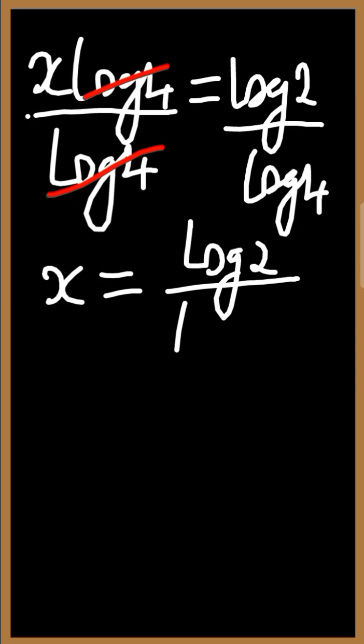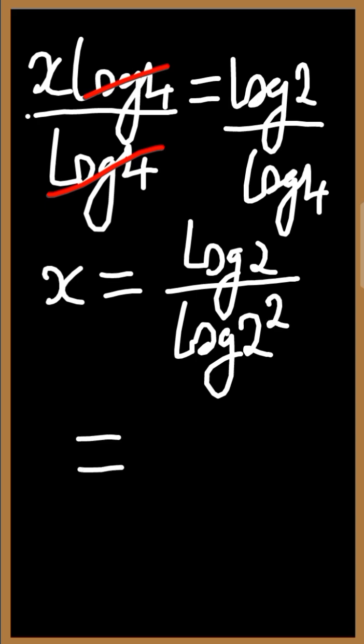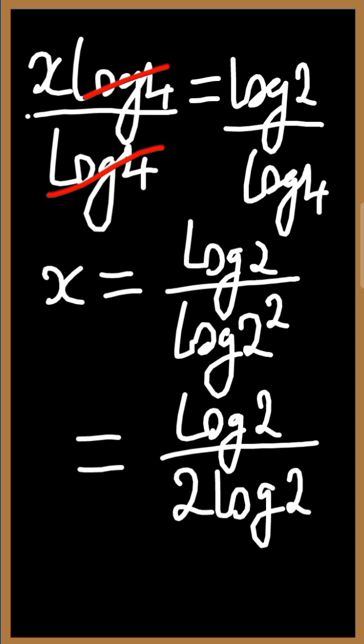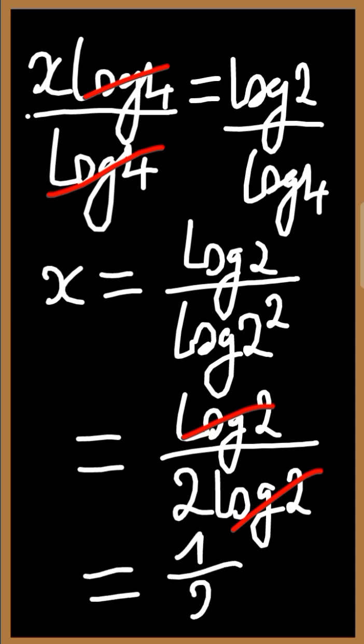We know we can express the number 4 in index form with 2 at the base. It gives us 2 raised to the power 2. This will simply be equal to log 2 all over, applying the law of power, the denominator gives us 2 log 2. Log 2 at the numerator will cancel log 2 at the denominator. This will simply be equal to 1 over 2.